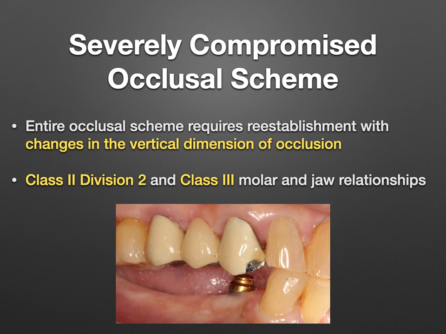This type of case involves a total occlusal scheme restoration. So the lower and upper anterior teeth, even though they have no issue, also need a real restoration. So this will be considered a severe compromised occlusal scheme. So in the school, if any patient needs a change in vertical dimension to get the final prosthesis, we will think that's not a student case in general.